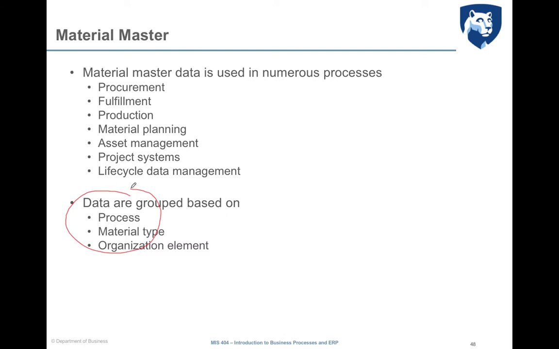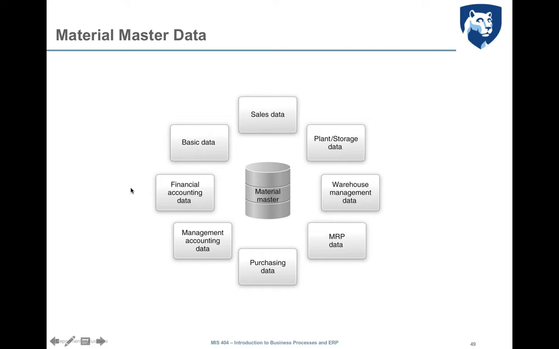In particular, we can see that data are grouped based on the process, the material type, and the organizational elements. This is exactly what this figure tries to show you. The material master, we see represented in the center of the screen, is used across different processes.